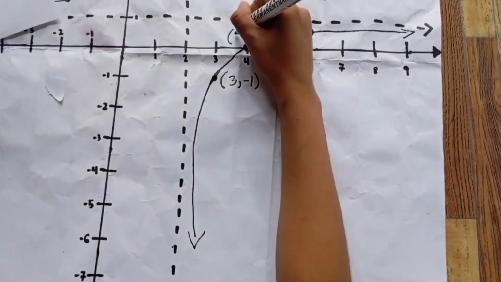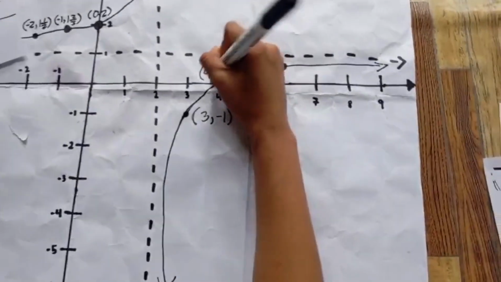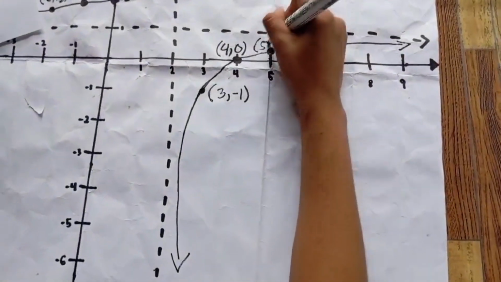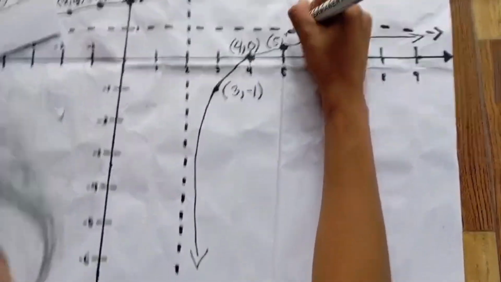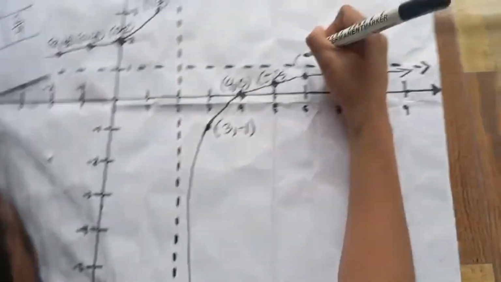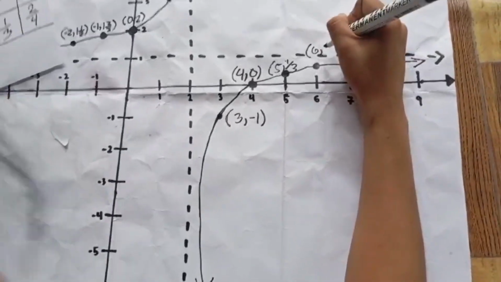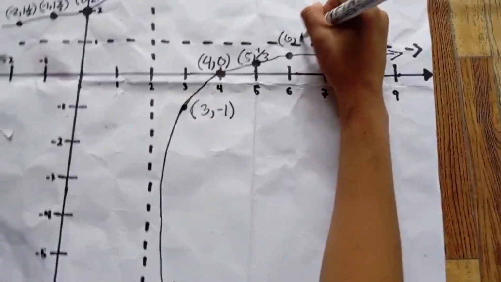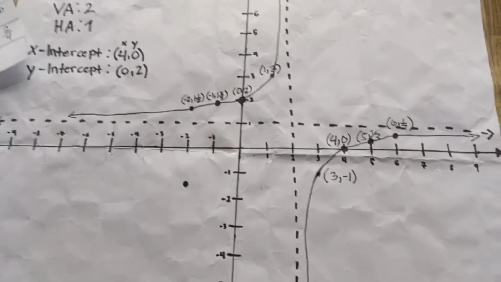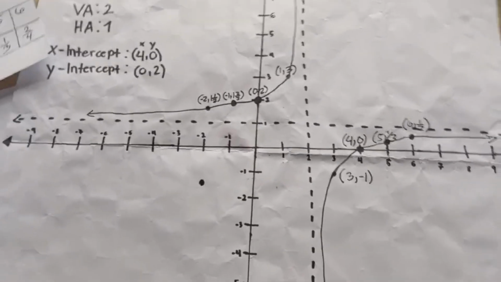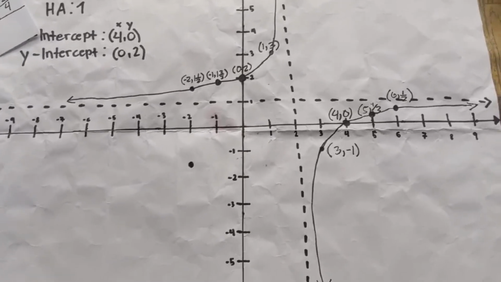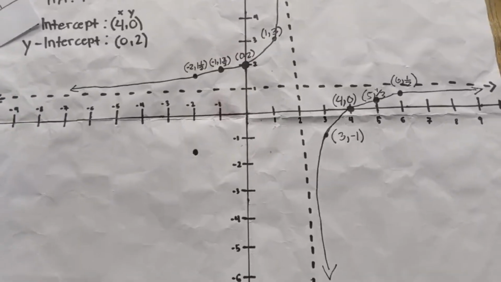This one is 4 and 0, and the third one is 5 and 1/3, and the last one is 6 and 1/2. So this is now the final graph of the equation, which is f of x is equal to x squared minus 4 all over x squared minus 2.